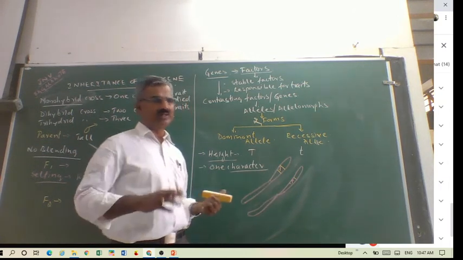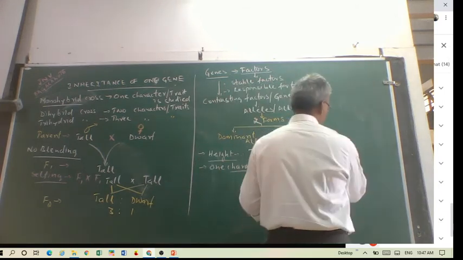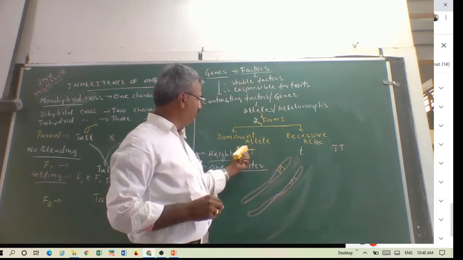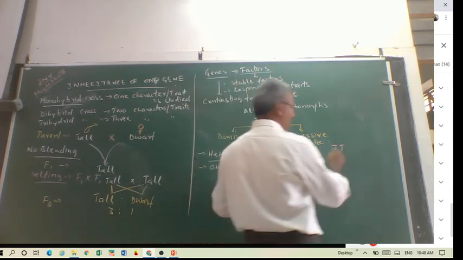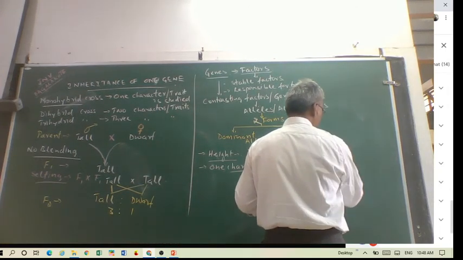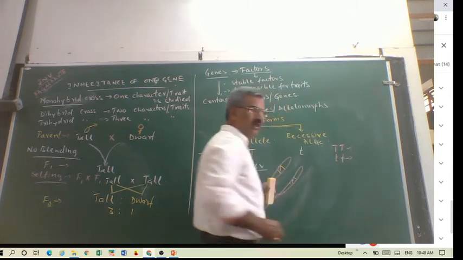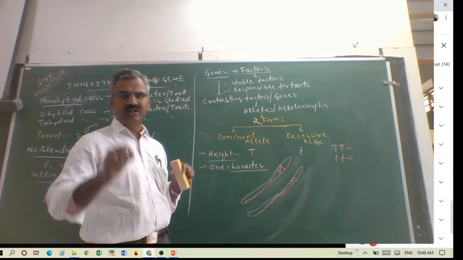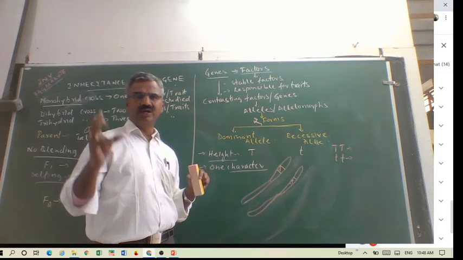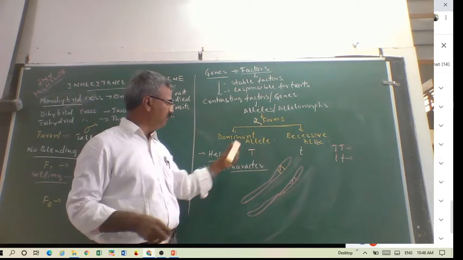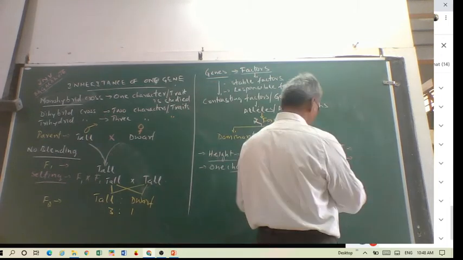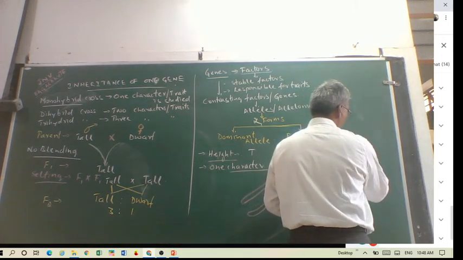The two alleles can be both dominant alleles or both recessive alleles, and such a condition where both alleles are of the same type, that is dominant alleles or maybe recessive alleles, is what we call the homozygous condition.